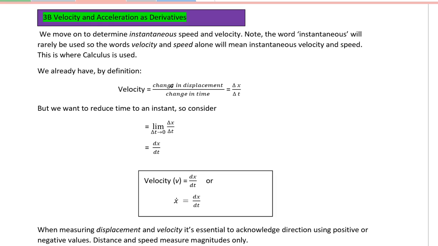So the displacement, which we know the scientists use the symbol x, takes the place of a y or the function. If I was using the notation y is equal to something, what I'm going to have now is x.